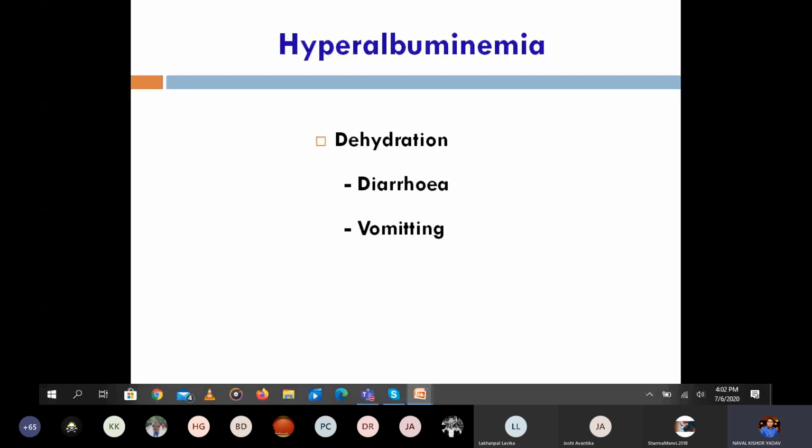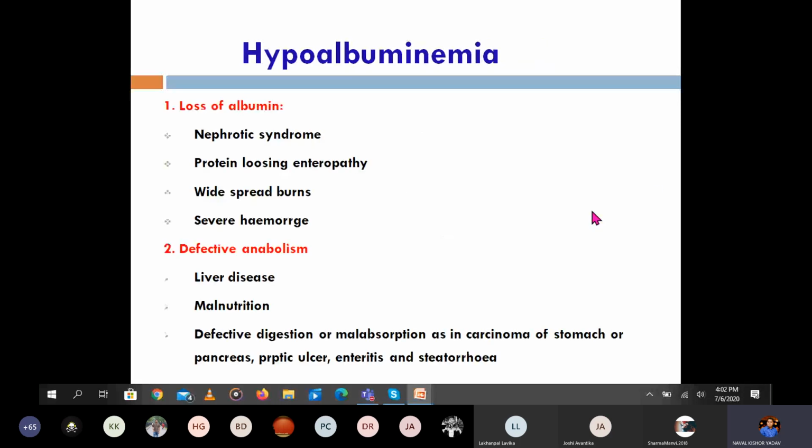An example is dehydration, which might be due to diarrhea or vomiting or any other cause. In that condition you will see an increase in serum albumin. But mainly, as I said, it is related with the decreased conditions.